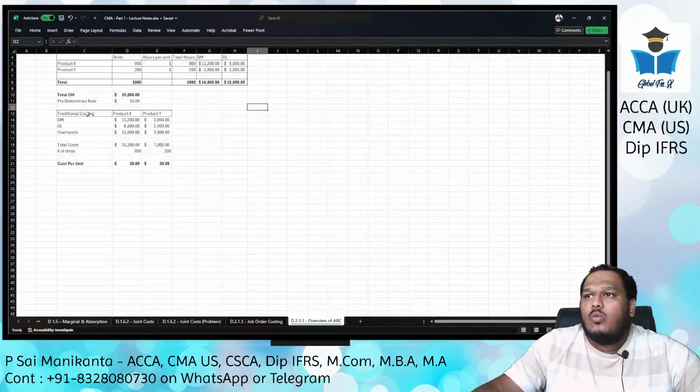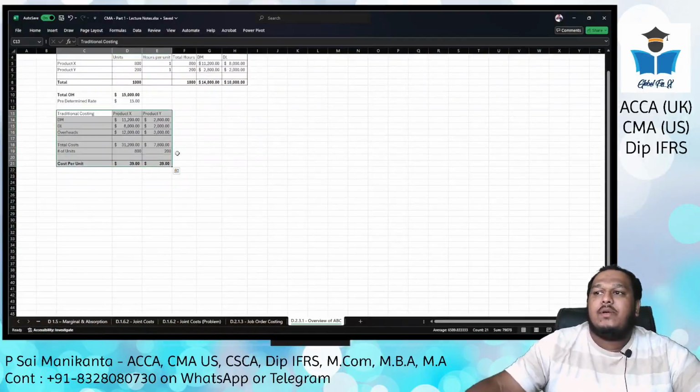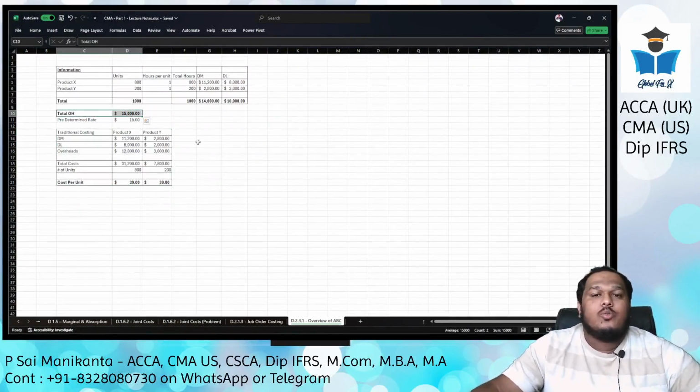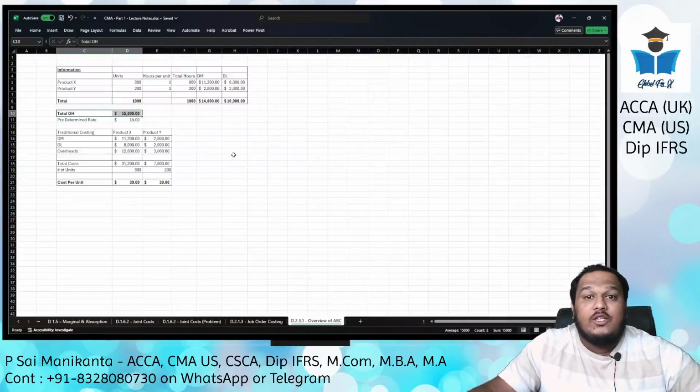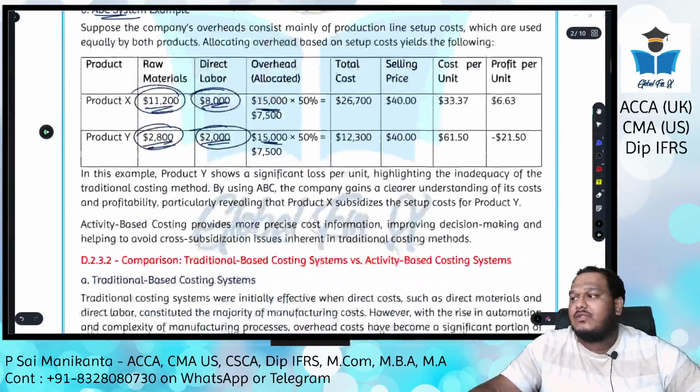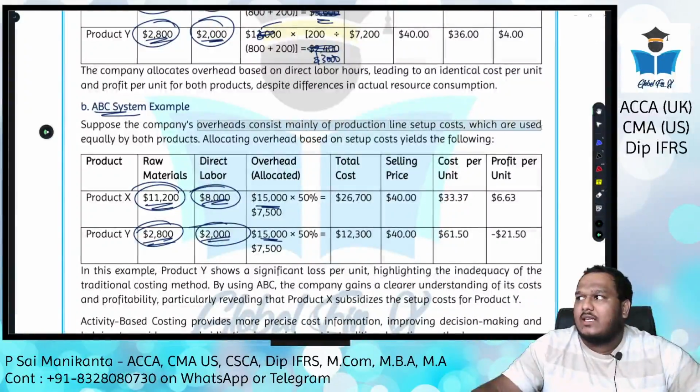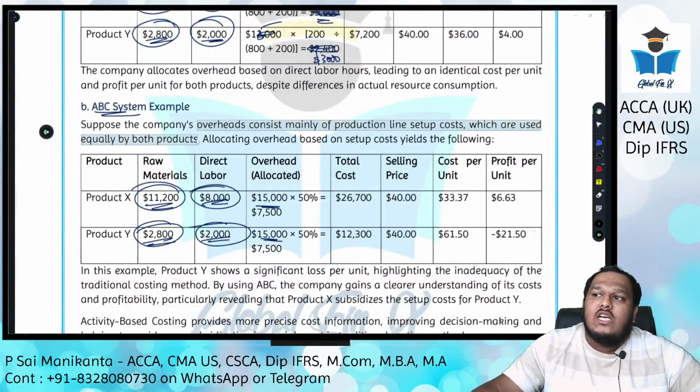So now what happens under ABC? Under ABC, this 15,000 total overheads has to be further broken down into respective cost drivers. So here what they have given is, suppose the company's overhead consists mainly of production line setup cost, which are used equally by both the products.